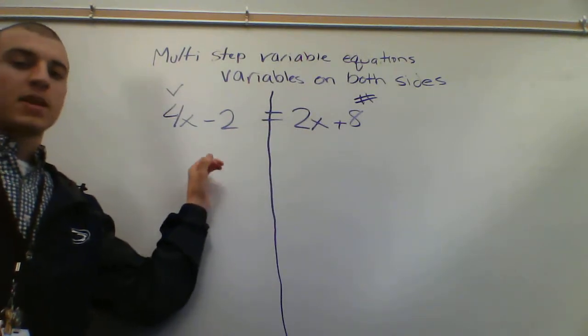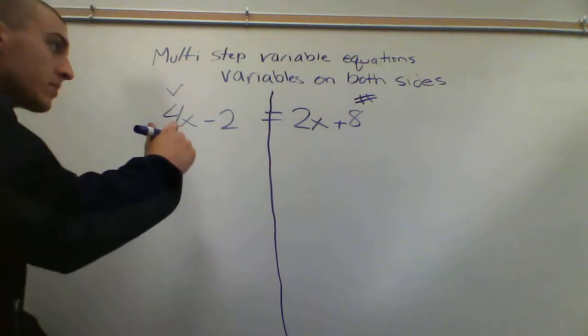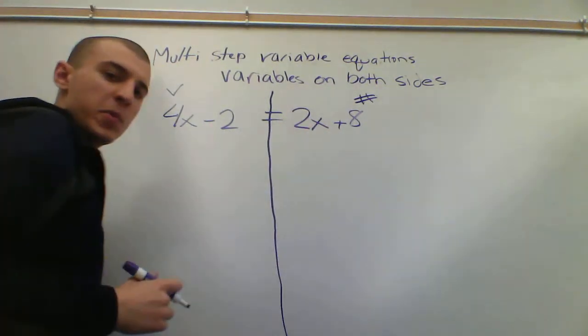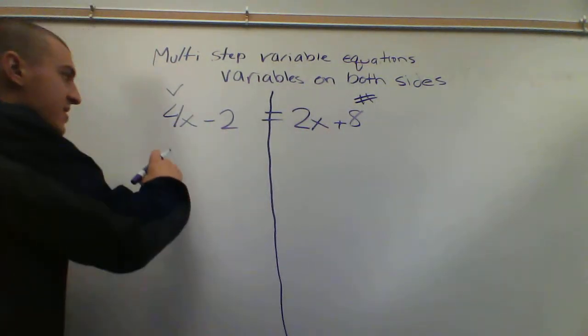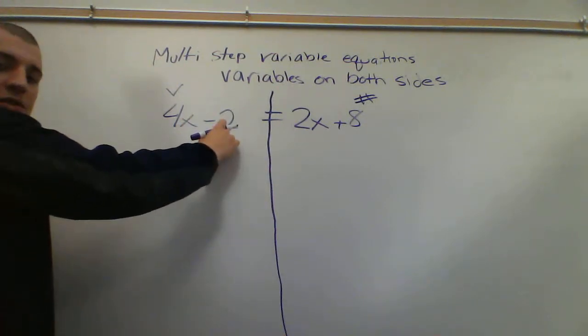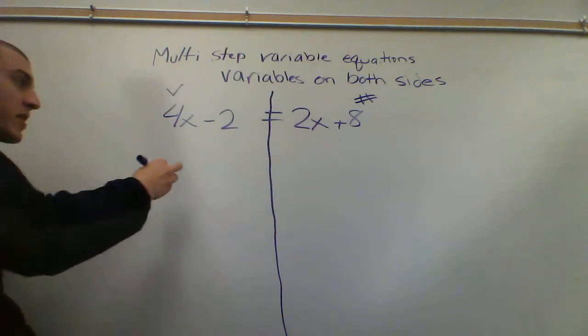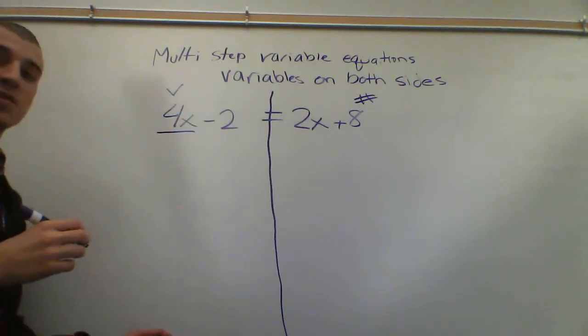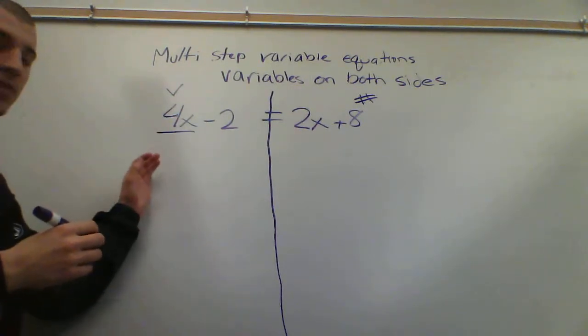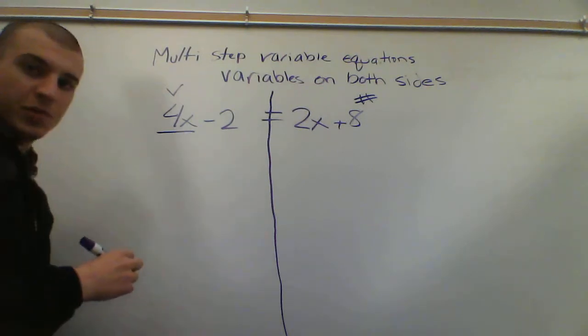So, my first step is to go through each side and figure out what we have to move. On this side we have 4x minus 2. This is our variable side, so we only want to keep our variables here. So here we put 4x, that's our variable. It is on the correct side, on the variable side. But then we have this minus 2.